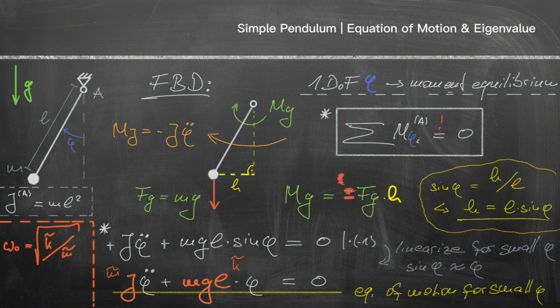And using the formula for the natural angular frequency, omega 0 is equal to the square root of the effective stiffness divided by the effective mass, we obtain after cancellation omega 0 is equal to the square root of g divided by L. This shows that the natural angular frequency of the mathematical pendulum is independent of the mass m.